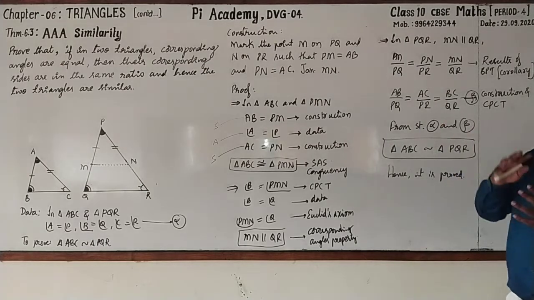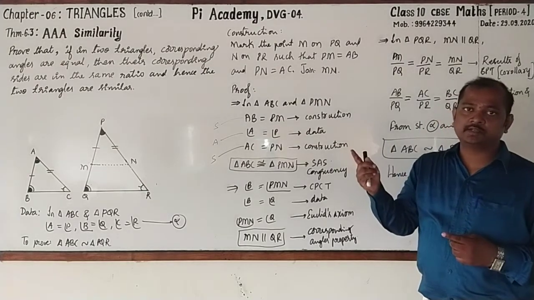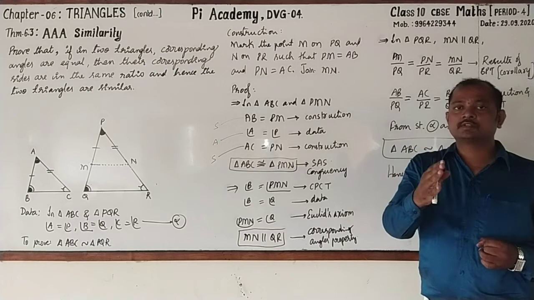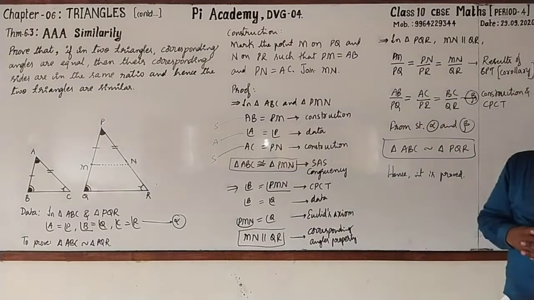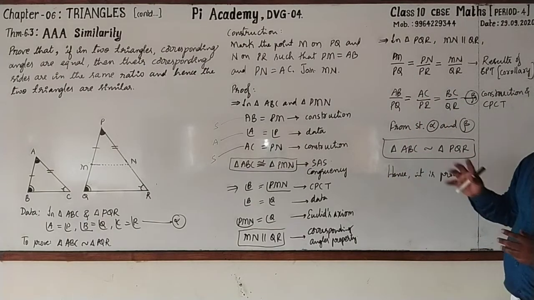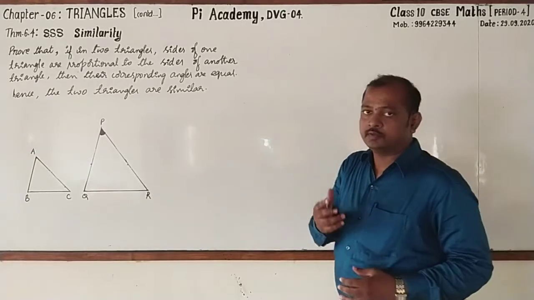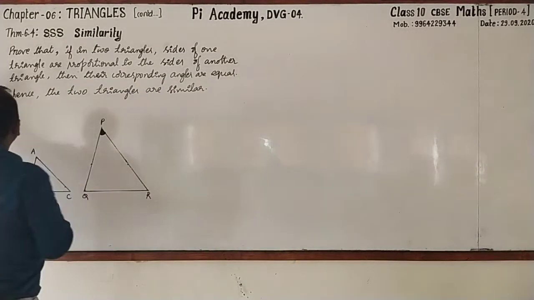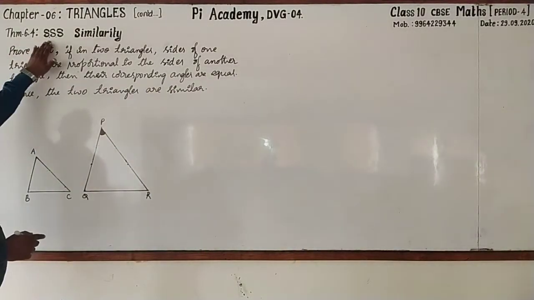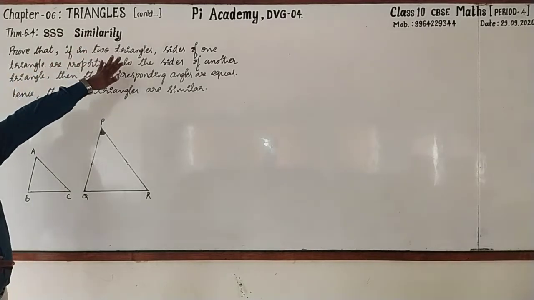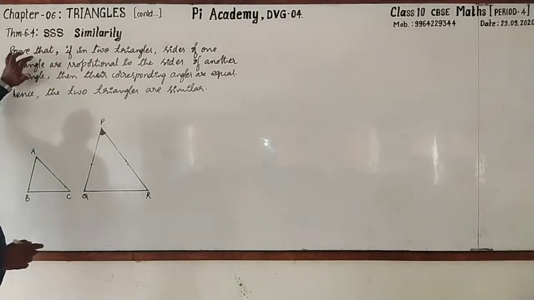After that, we are moving to the next similarity criterion. What is that? Yes, the similarity criterion. Write on this. Dear students, go through this. Theorem 6.4. It has been written as a question like this.